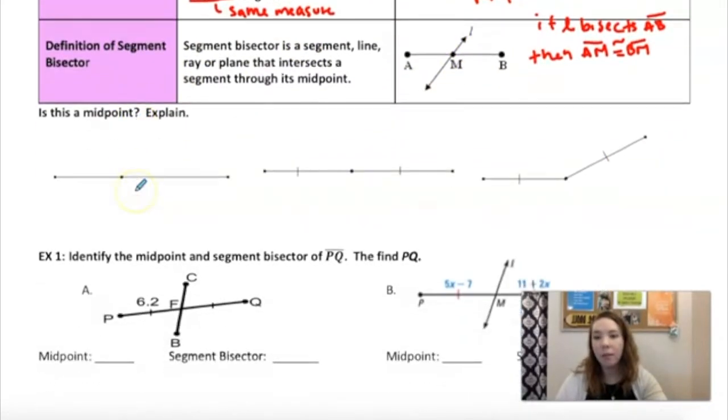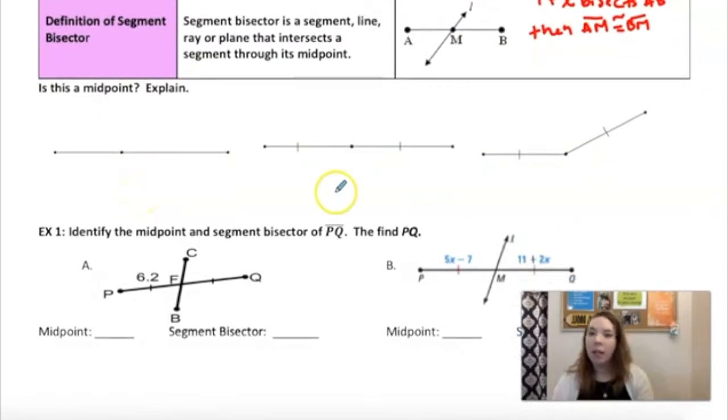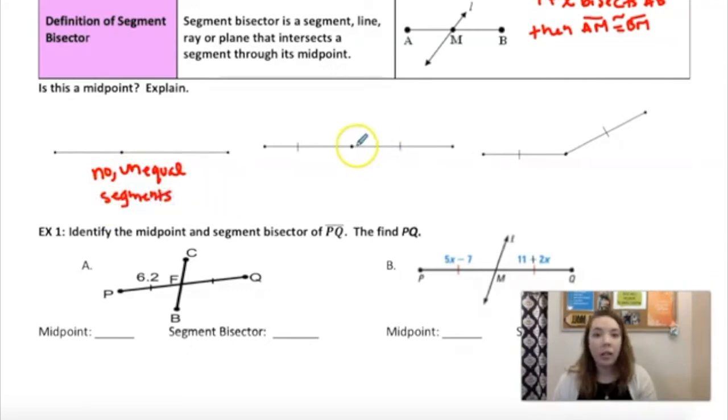So is this a midpoint? Explain. They don't tell us it's a midpoint, and they don't mark either side. On top of that, they just don't even look equal. This side is longer. So no, unequal segments, we'll say. Here they tell us they're equal by using these tick marks.